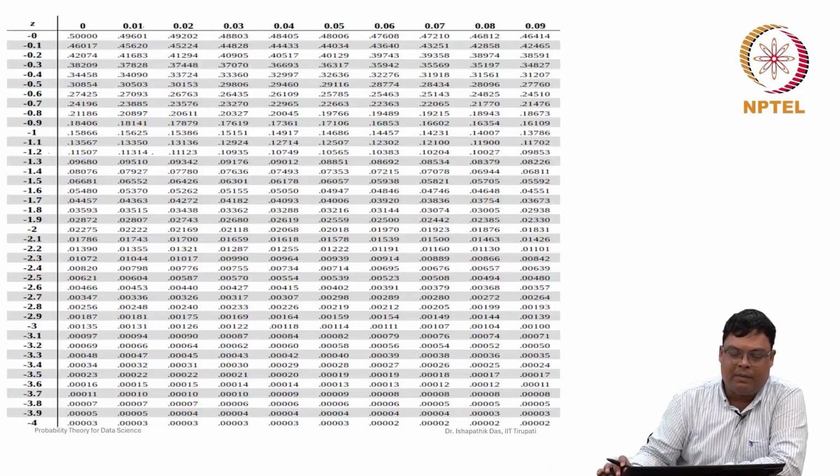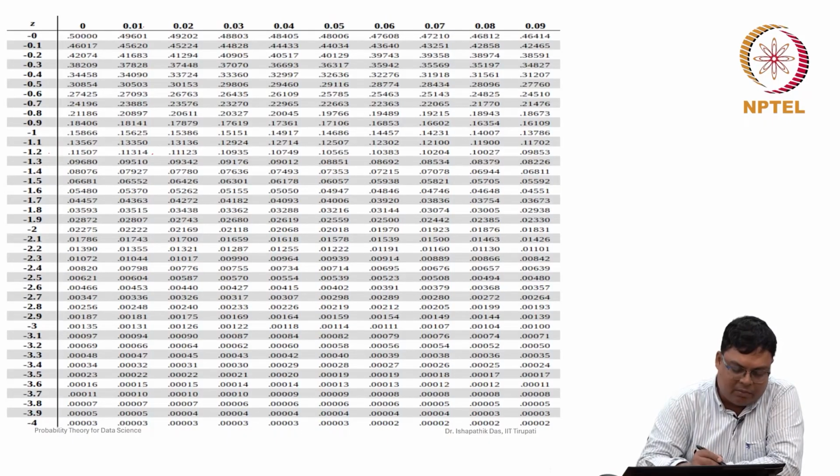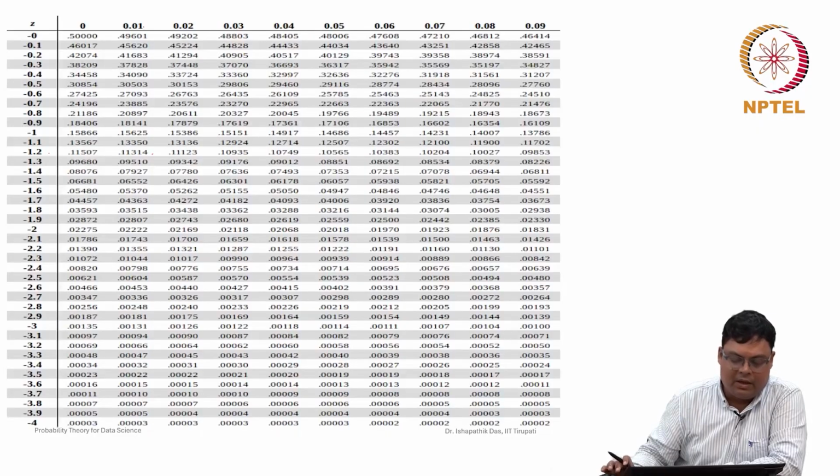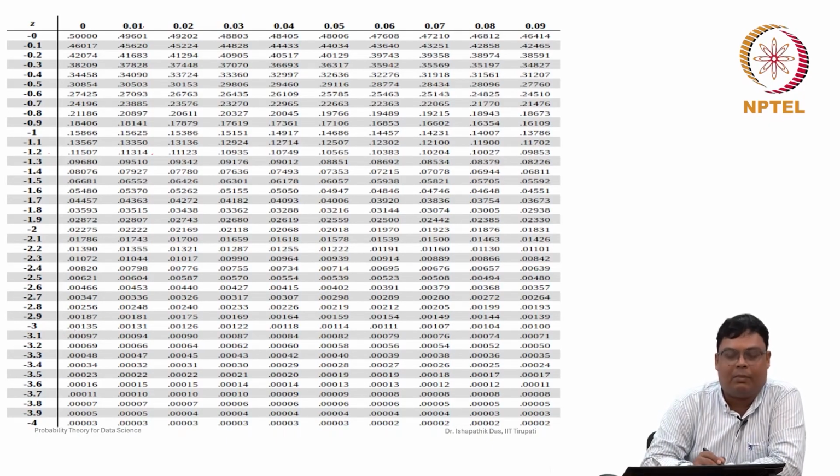We find this from the table: z less than or equal to minus 3 is 0.00135.